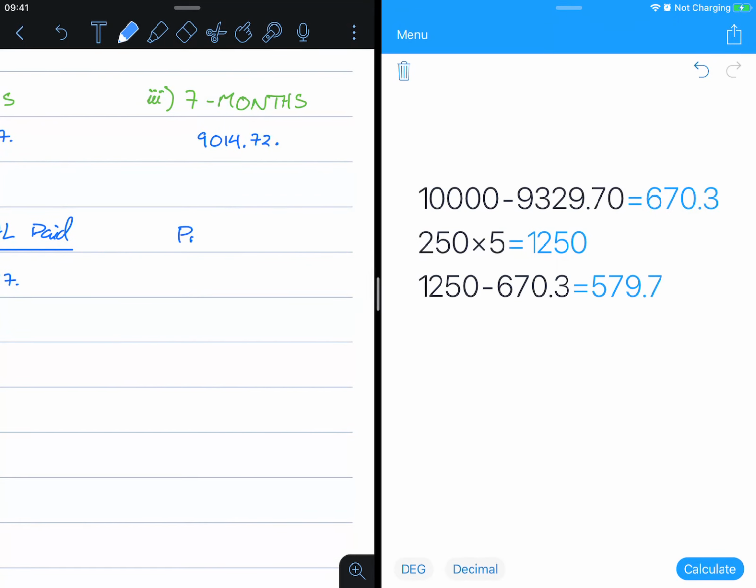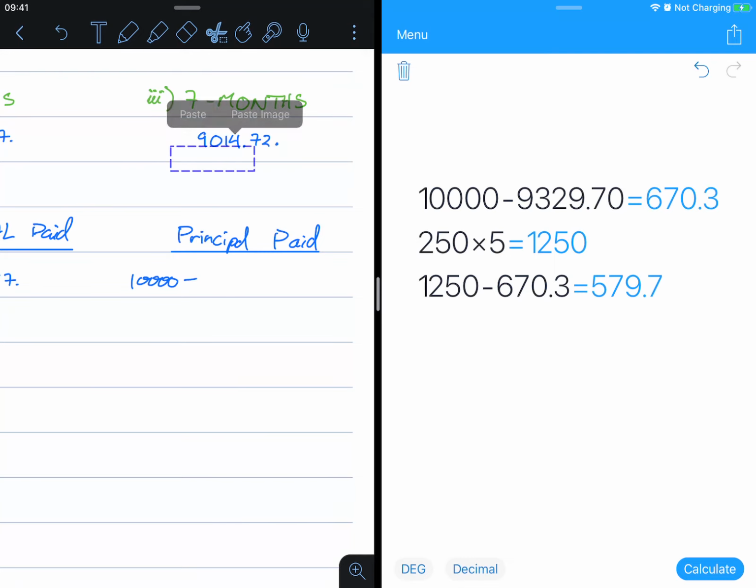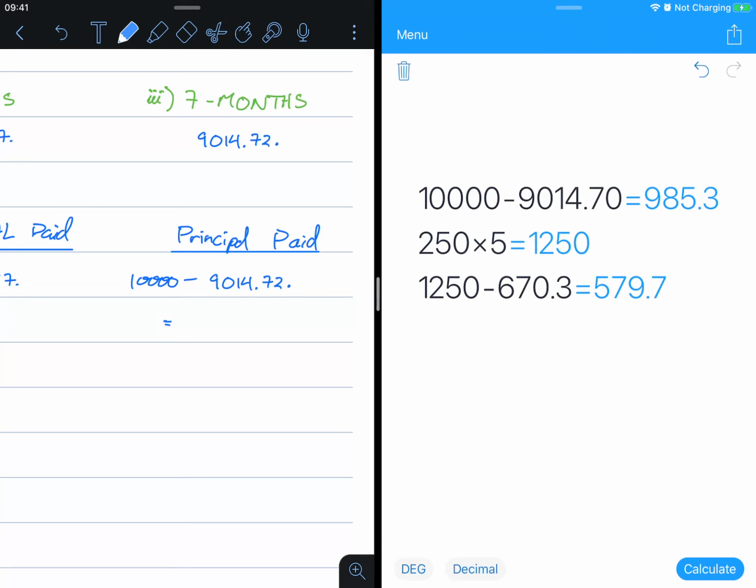So the principal paid is the original value of 10,000 minus the amount they're currently owing. It's going to be 9014.70. Again, rounding to make it easier for myself.